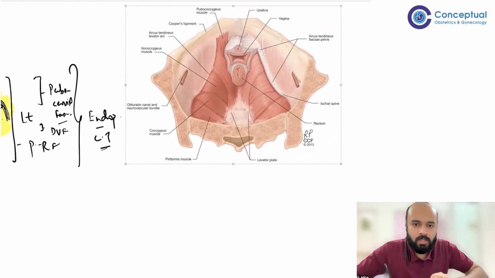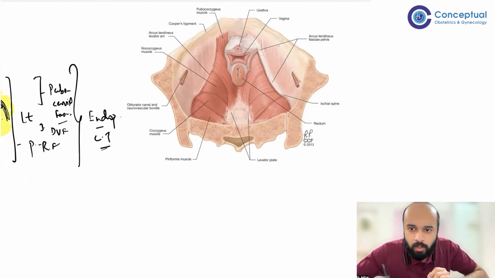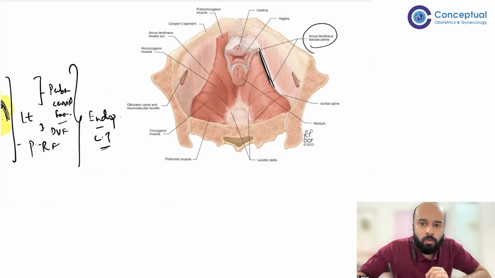Now over here you see that this fibrous part is called the arcus tendinous fascia pelvis. So basically this fibrous part that is seen laterally is going to attach on both sides the endopelvic tissue like this. And medially, it is going to be attached to all the organs that I've mentioned.